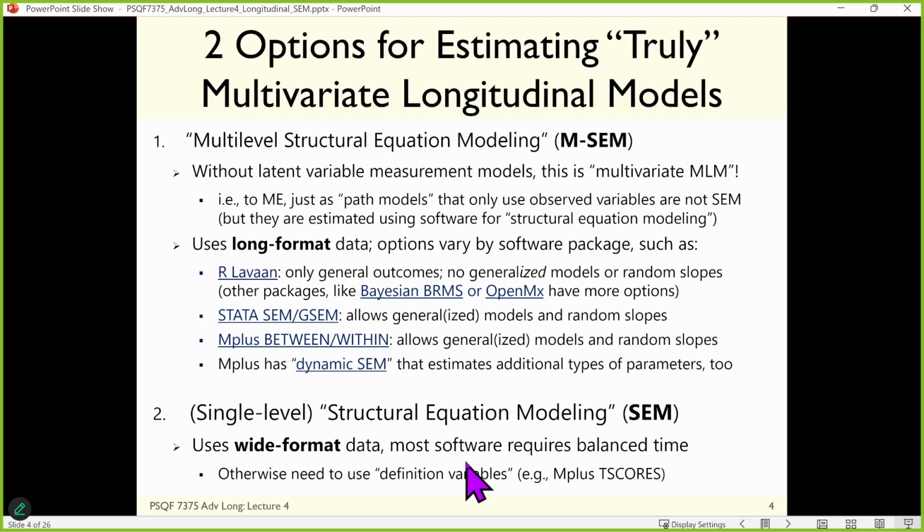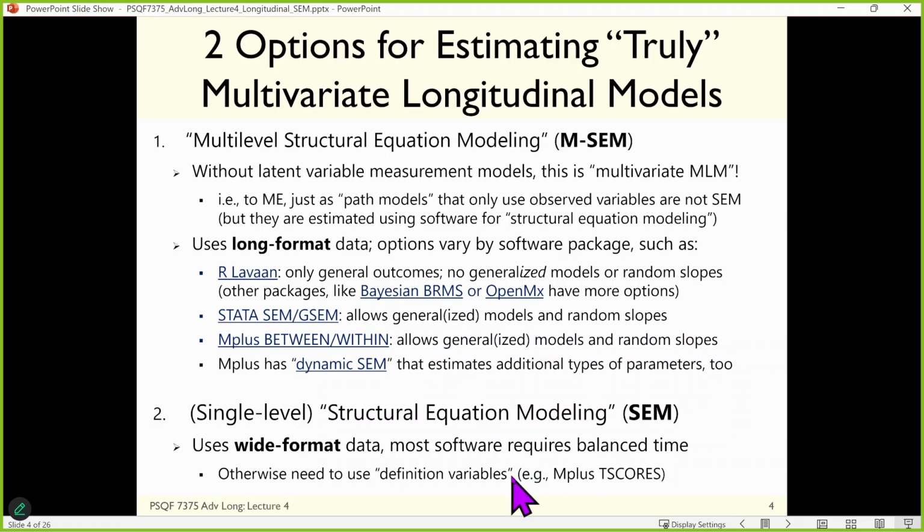The alternative then is traditional SEM, or what I'm calling single level. And the biggest difference here is that it's using wide format data. So that changes quite a bit about what you can do and what is required to represent unbalanced time. If you have balanced time, everything's fine.